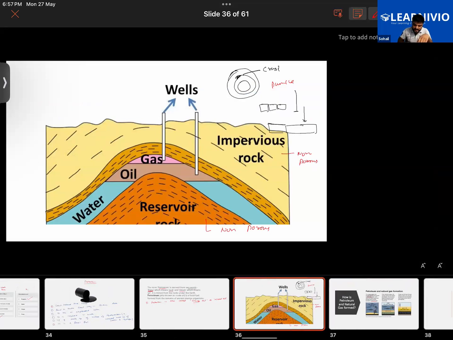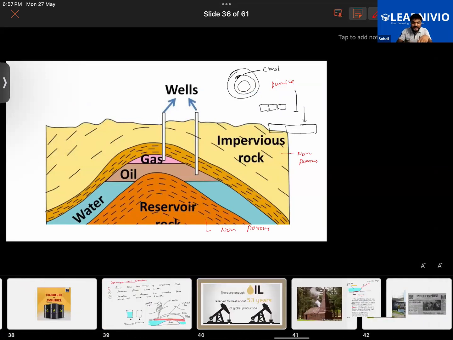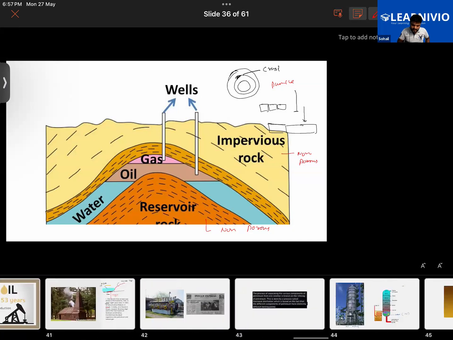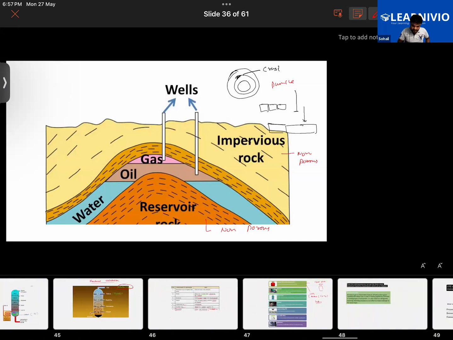Sometimes the maximum area of this gap might be filled with gases only, or sometimes there can be a very small amount of gas inside this gap. Sometimes both of them can be found.